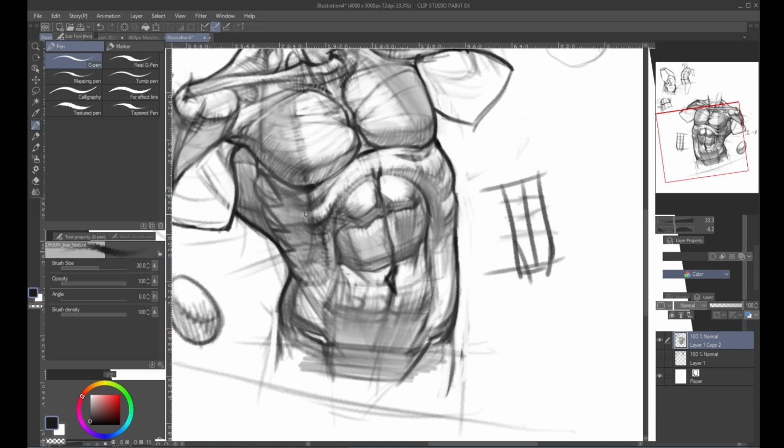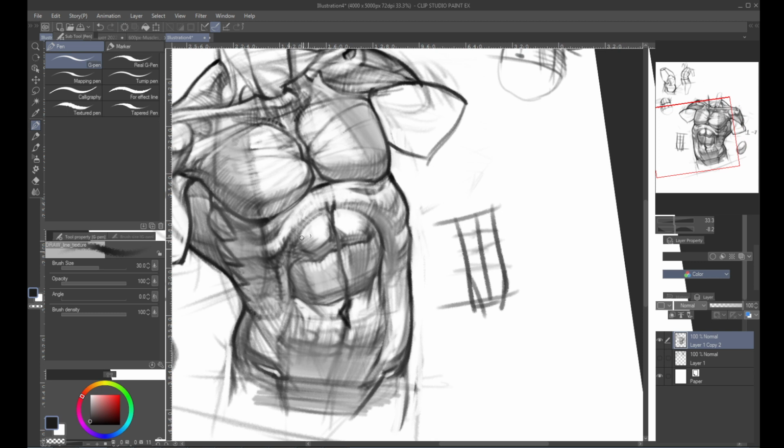And increase the contrast in these points. And of course increase the contrast here and here.